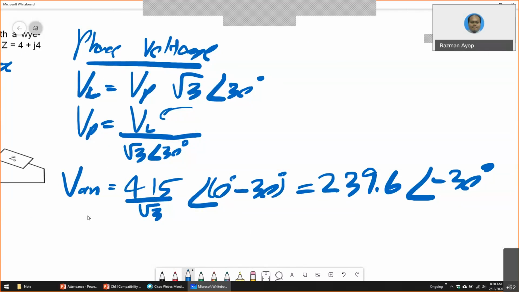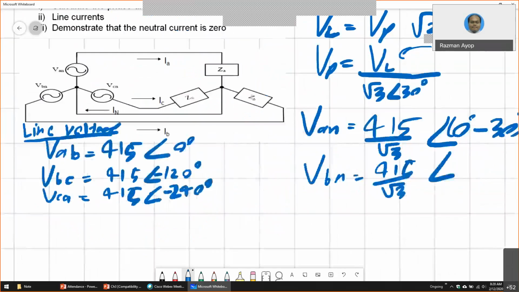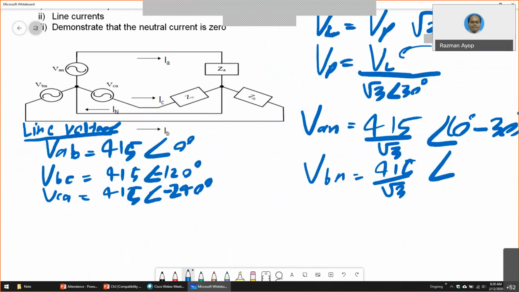VBN is equal to the same, 415 divided by square root 3. The angle: if you check back, what is VBN? Remember you use this one, because VBN, you have to look at VBC, like I said before.